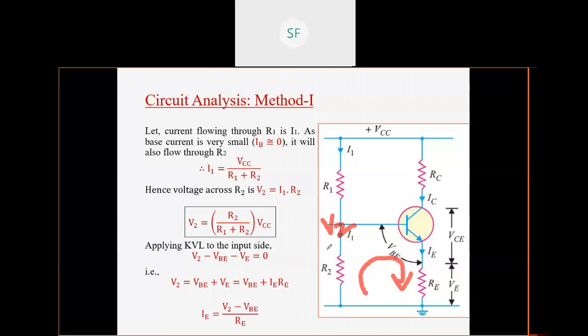So we will now indicate the polarities of our voltage drops first. Now we know that current always flows from positive to negative. So I1 is flowing from positive to negative. So this drop must be like this. This is positive, this is negative.